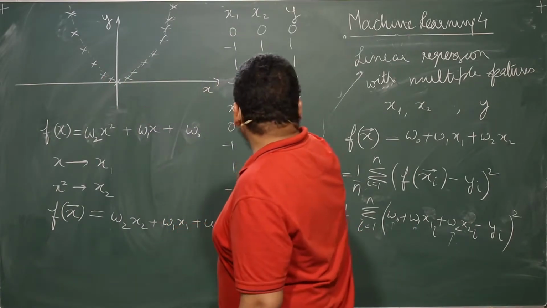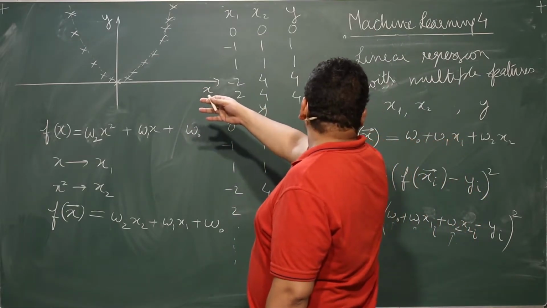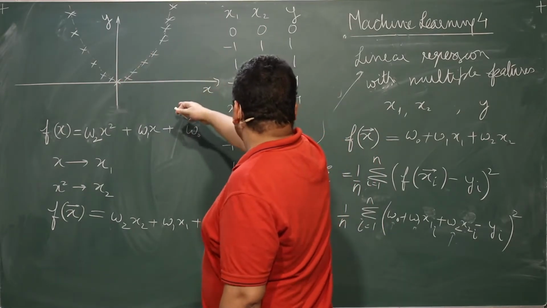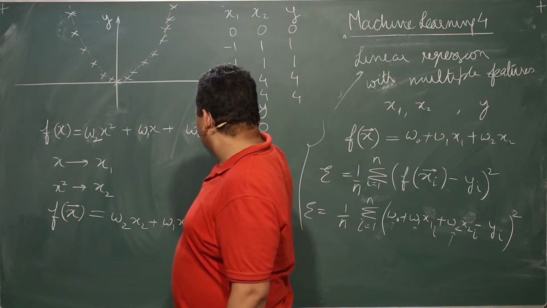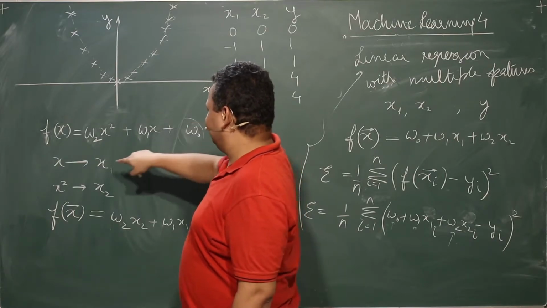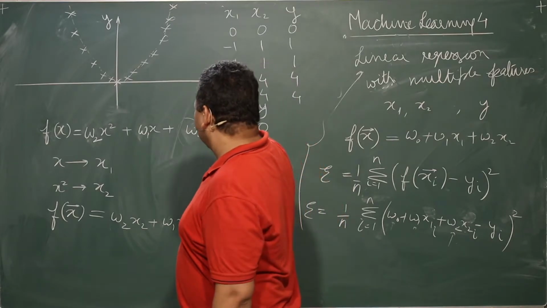What is your intercept for this particular plot? It is passing through the origin, so that is one issue. If it passes through the origin, y is 0 when x is 0, so this should be 0. So this is gone.